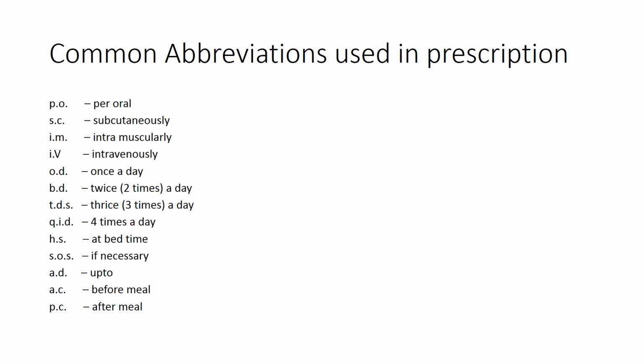TDS means 3 times a day, which means after every 8 hours. QID means 4 times a day, that is in morning, noon, evening and night. HS means at bedtime. SOS means if necessary or when necessary. AD means up to. AC means before meal and PC means after meal.